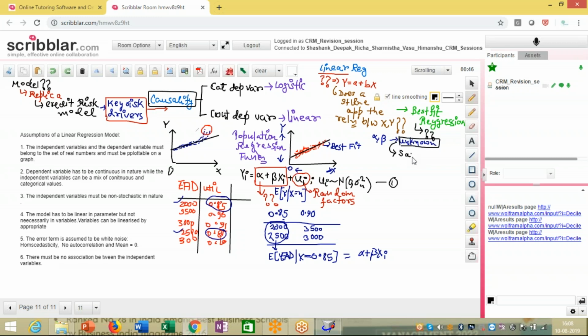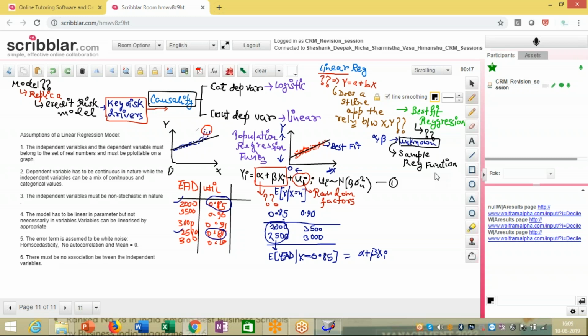So over here what I have is the sample regression function.